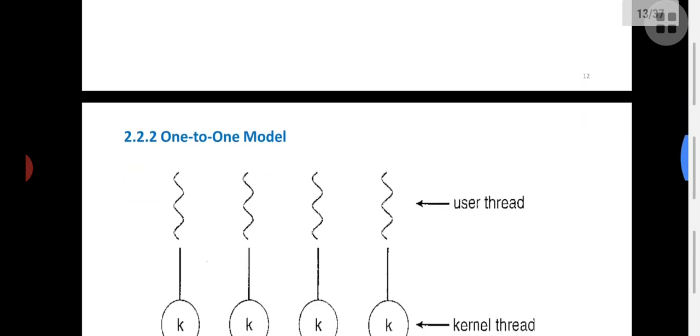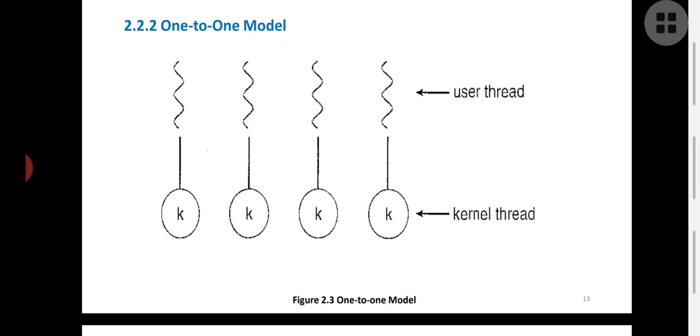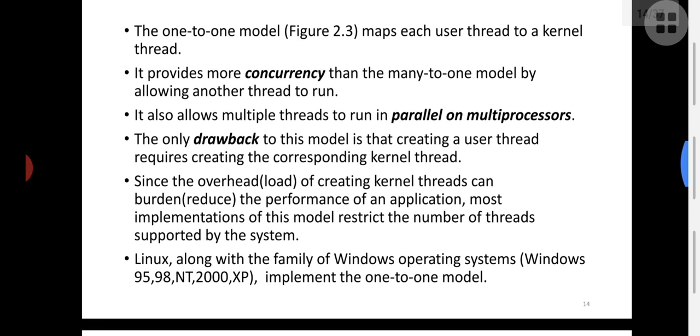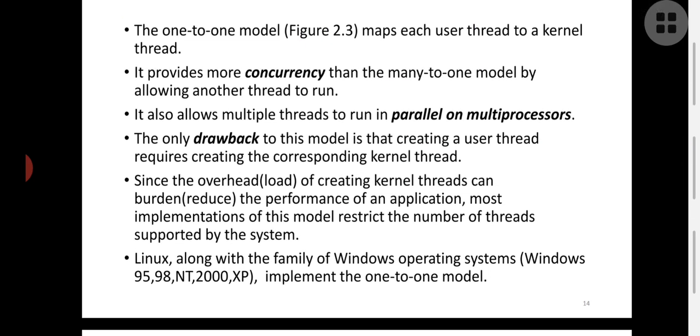Then the second relationship is the one-to-one model. As the diagram shows, there are n user threads and the same number of kernel threads. This model maps each and every user thread to a kernel thread.